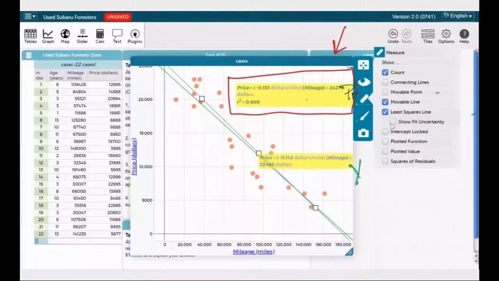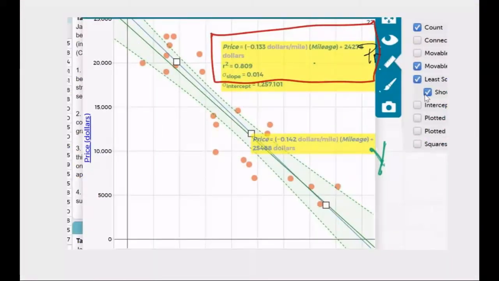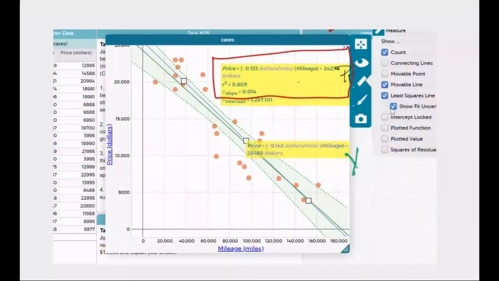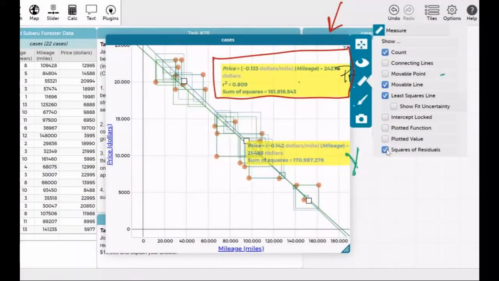And let's go to show fit uncertainty. So it talks about the slope, the intercept. I think that's a new feature because I don't even remember that. Squares of residuals. I don't think we need to know that either.